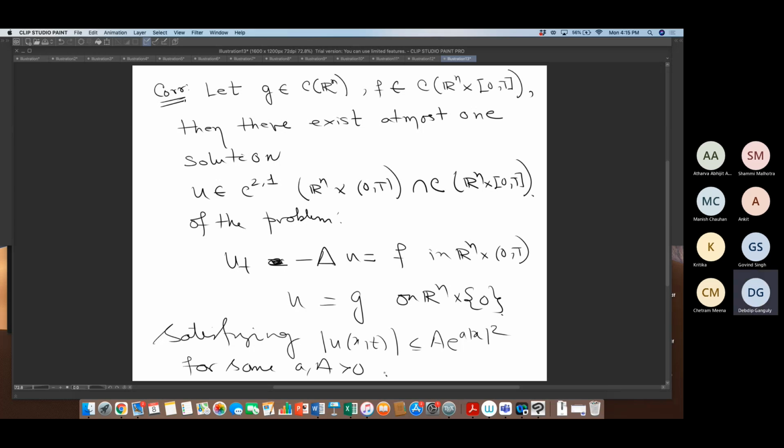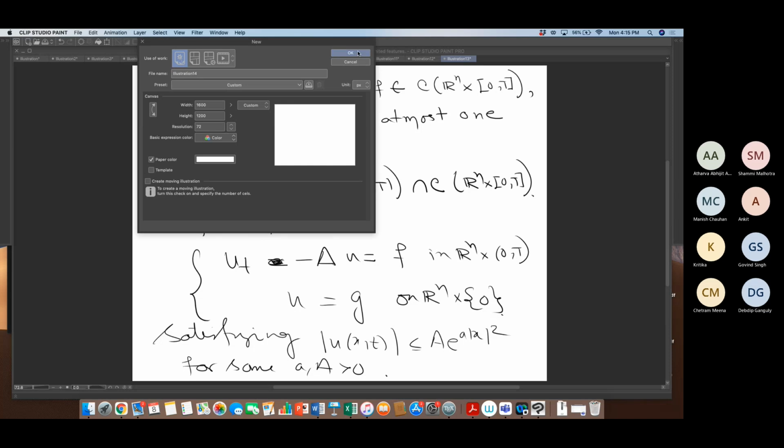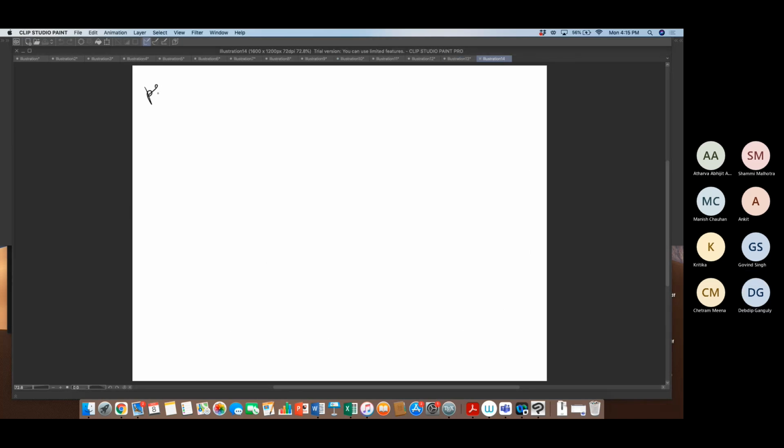So what will you do, anyone? This equation has at most one solution. What will you do? We take two solutions u1 and u2 and then use the maximum principle to prove uniqueness.